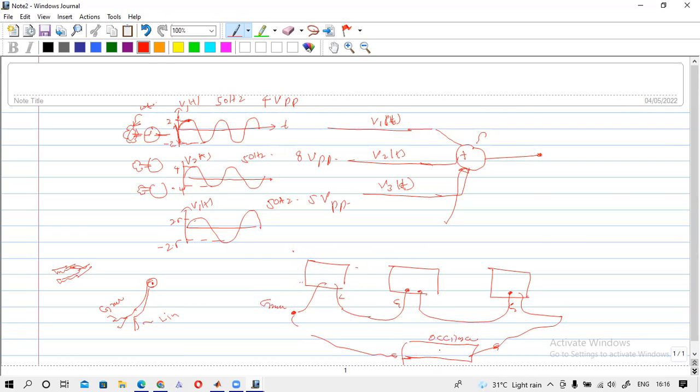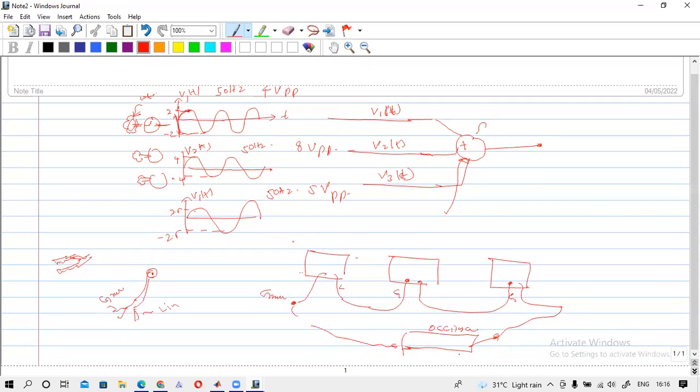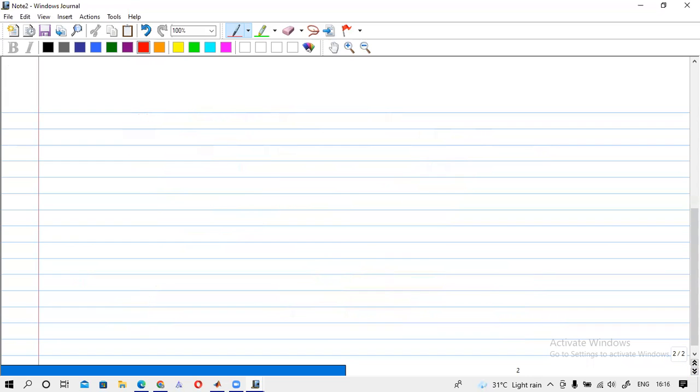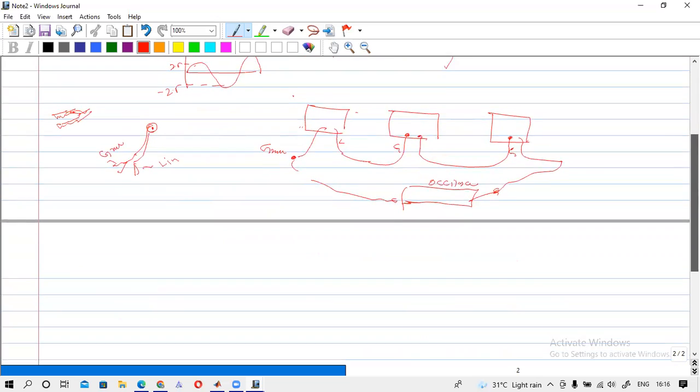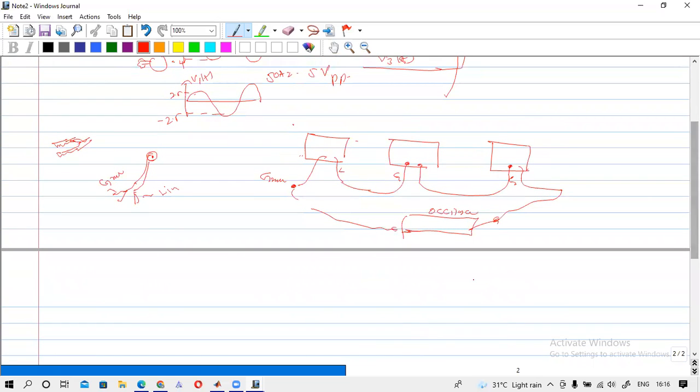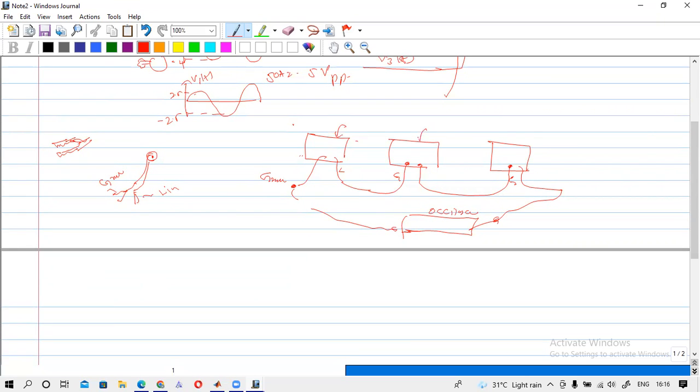what kind of signal do you expect to see here? I think all three signals will be added. Do you agree with me? If I connect it like this, can I add all the signals here? There are three sinusoidal signals, V1, V2, V3.